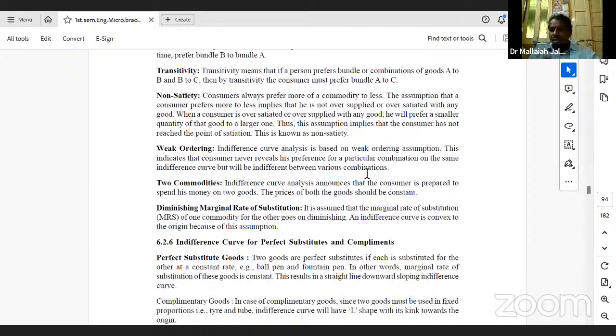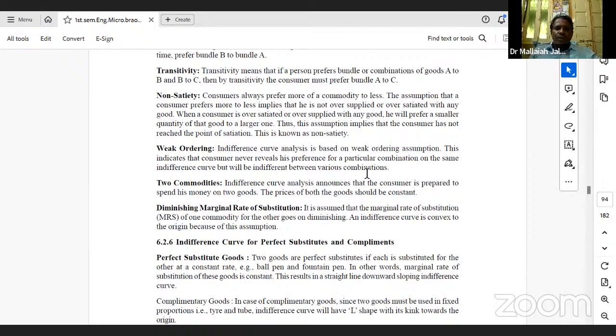As I said earlier, the marginal rate of substitution is: X commodity is increasing, so how much of the Y commodity is going to be lost for the increase of this X commodity, that is the diminishing rate of substitution. 4 to 3, 3 to 2, 2 to 1. Just now we have seen the diagram, right? So that is the marginal rate of substitution for X commodity to Y commodity.